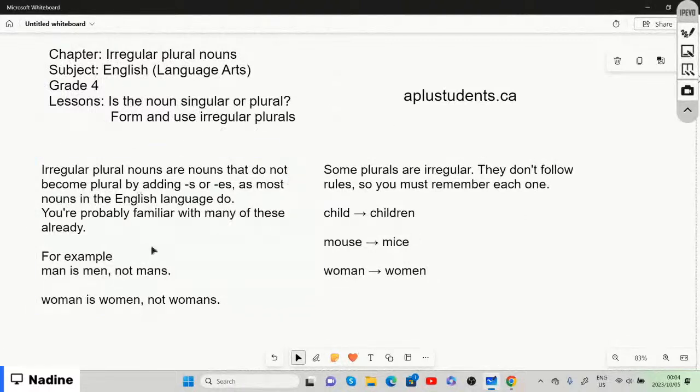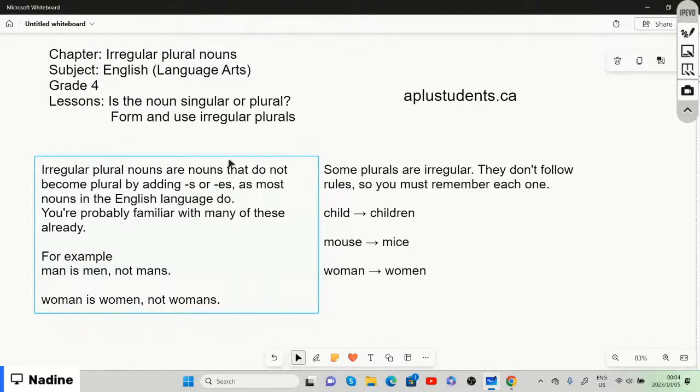Irregular plural nouns are nouns that do not become plural by just adding an S or ES. With regular plurals, we just added S or ES to our singular word and formed the plural form, the plural word that shows two or more people, animals, or places.